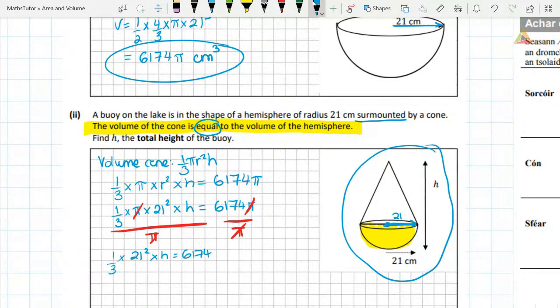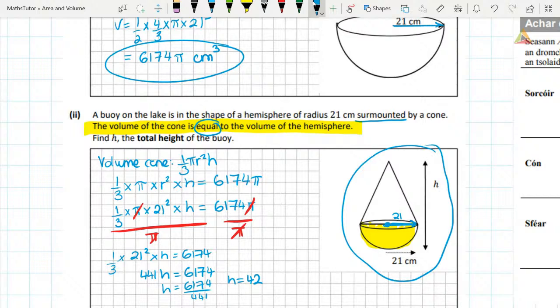So now I have an equation with just numbers in it. So I'm going to take my calculator. I'm going to multiply 1/3 by 21 squared, which gives me 441 by h is equal to 6,174. And then I'm going to divide both sides by 441, and that's going to solve for h is equal to 42.